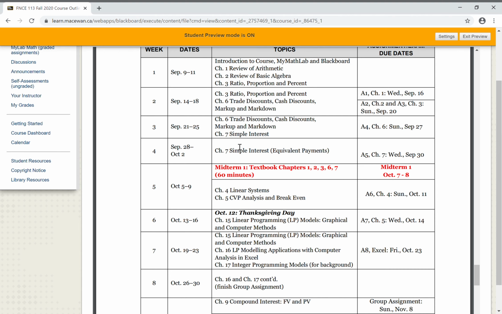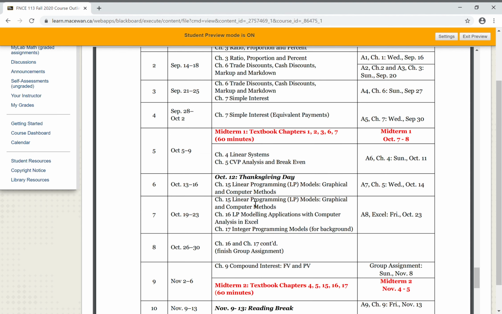I think we do not do chapter 8 and 9. So we do 1, 2, 3, then we move to 6, then chapter 7, and then come back to chapter 4 and 5. Okay. Then we move on to chapter 15, 16, 17, which is basically linear programming.